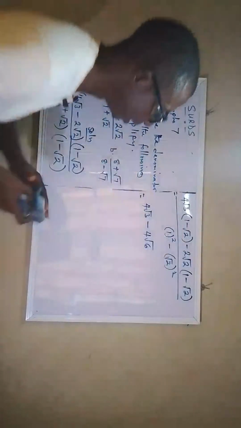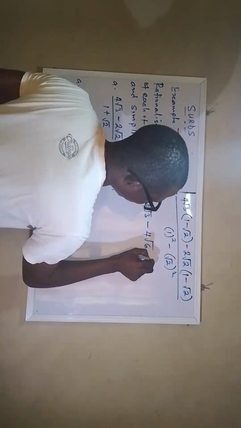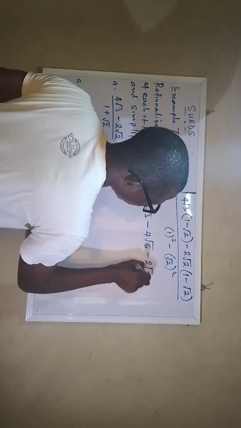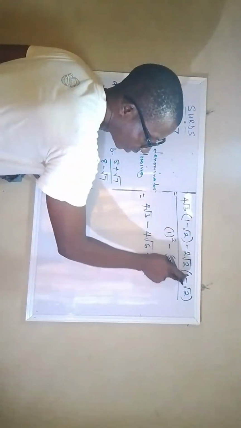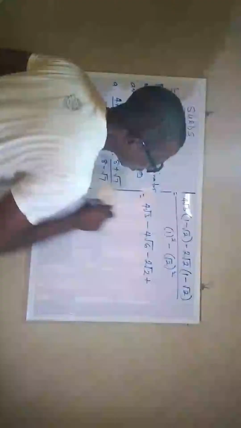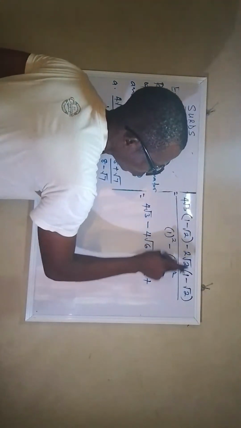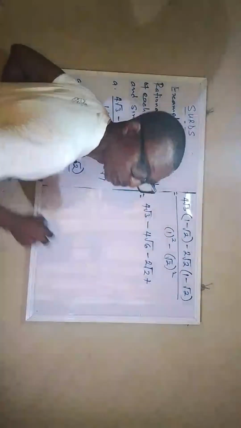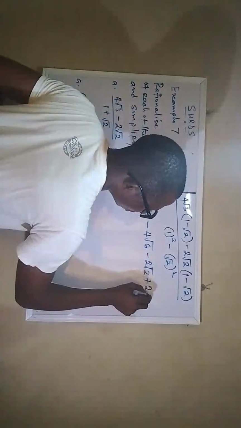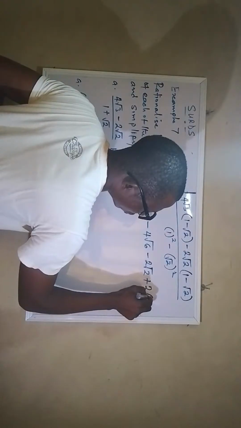So the same thing here, going to give you minus 2 square root of 2. 2 square root of 2 times 1, that's what it is. Now, here, minus times minus is plus. So 2 square root of 2 times square root of 2. That's going to give you 2 times 2.